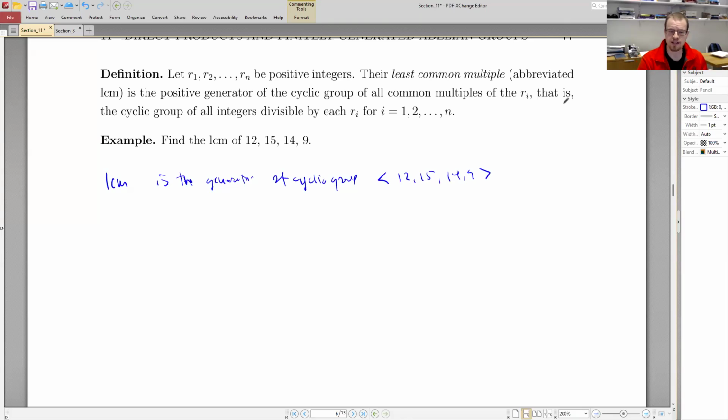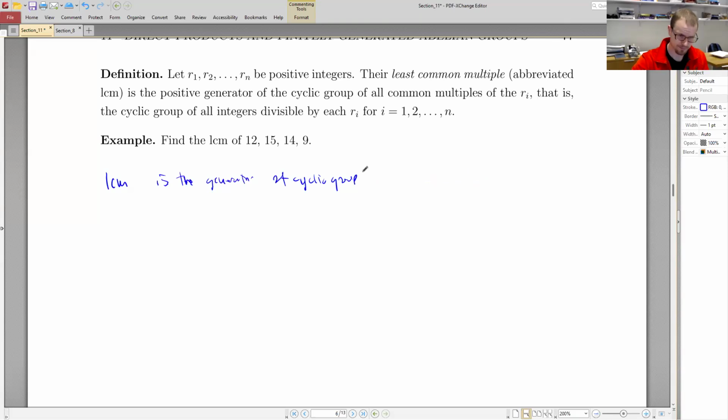All right, so we're interested in multiples here, the group of common multiples, things that these divide. So what's generated by 12, 15, 14, and 9? That's not quite right either. We don't want to say it in that way, because if we think of the integers under addition, then we're actually looking at the greatest common divisor in that particular notation.